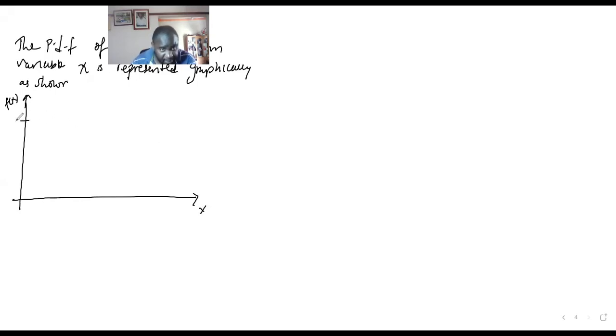The highest value here is 6K. We have a value here of 2K. So we have the highest point occurring at 2.